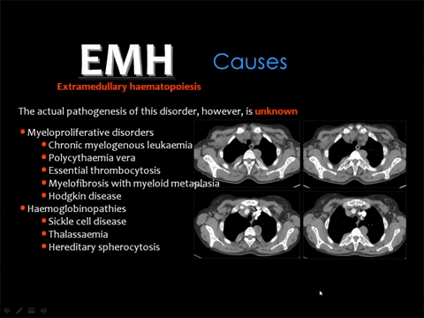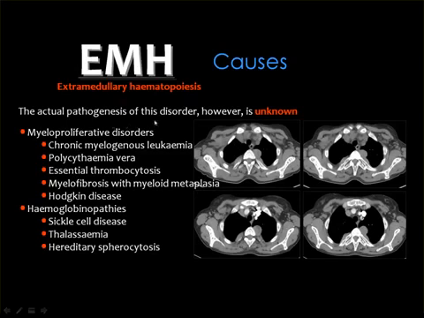The hemolytic anemia, whatever the cause, will result in two main radiological appearances. The first one is bone marrow hyperplasia, and the second one is extramedullary hematopoiesis.